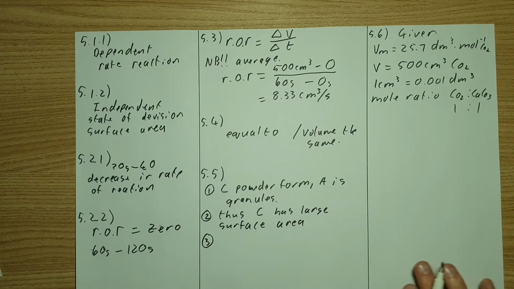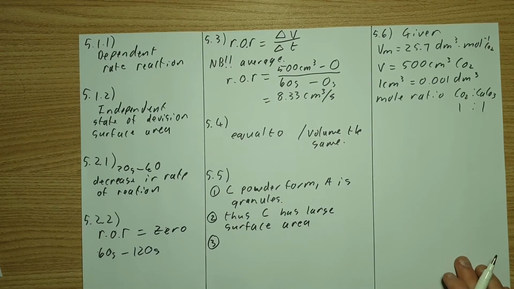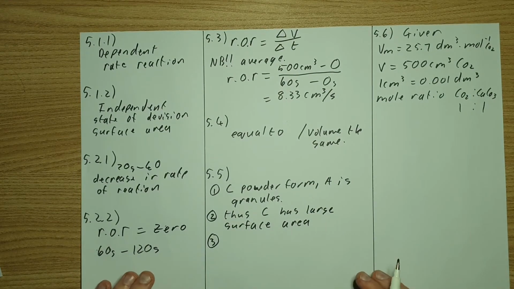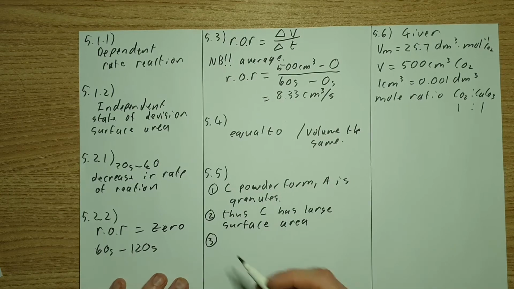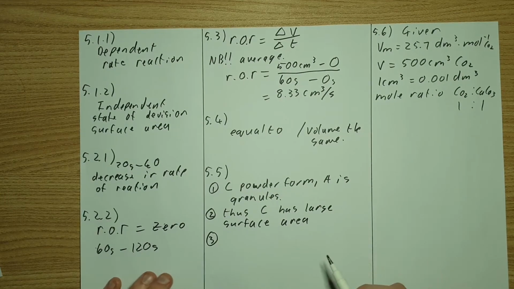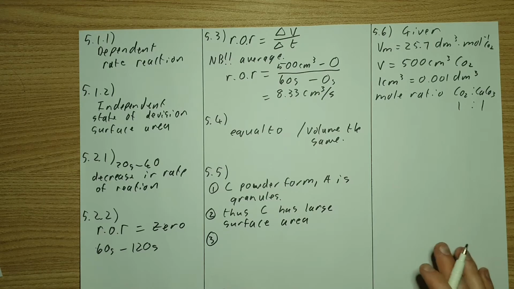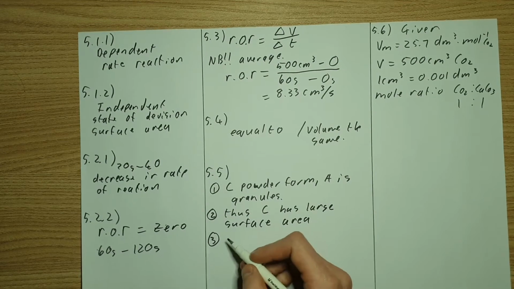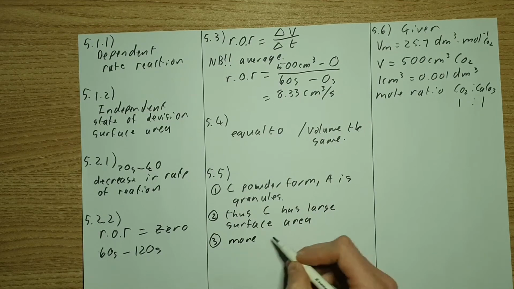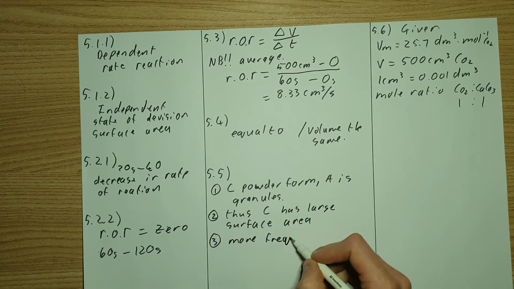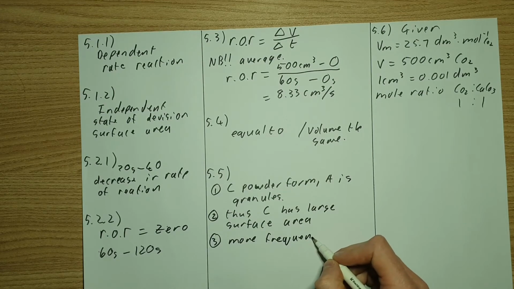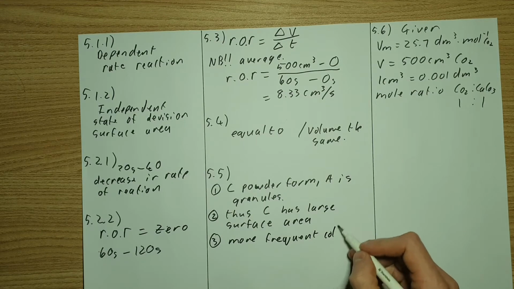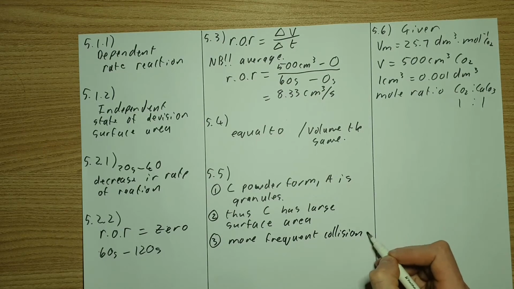Due to the larger surface area, by the collision theory, there will be more effective collisions or more efficient collisions, depending on which way you want to word it. But the main point is there will be more frequent collisions. That's the word I'm looking for. So more frequent collisions.